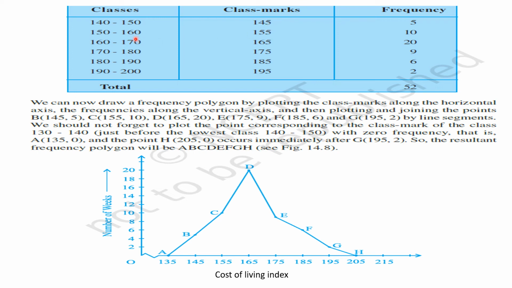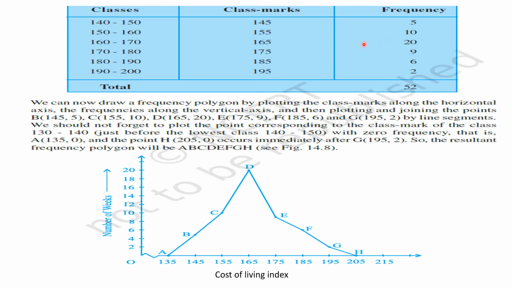Similarly, we find the class mark of the next interval: 150 plus 160 by 2, 155. 160 plus 170 by 2, what will you get? 165. 170 plus 180 by 2, we get 175. 180 plus 190 by 2, we get 185. 190 plus 200 by 2, we get 195. Understood all these values, my children? These are the frequencies. We have found the class marks of each class and these are the frequencies.